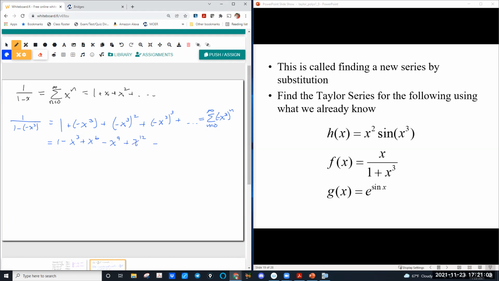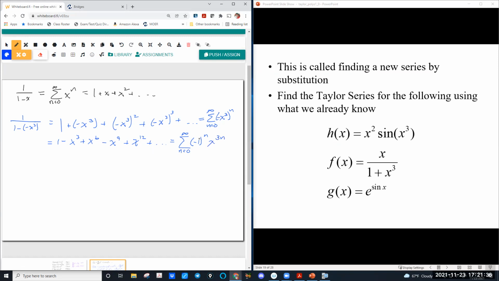Now we want this summation notation to match up. It's all in here, but we're going to make it look a little cleaner. Right off the bat, we see that it's alternating, so I'm going to split off the alternating piece the way we're used to seeing it: negative 1 to the n. I'm just taking that negative and raising it to the n. And then x cubed to the n will be rewritten x to the 3n.